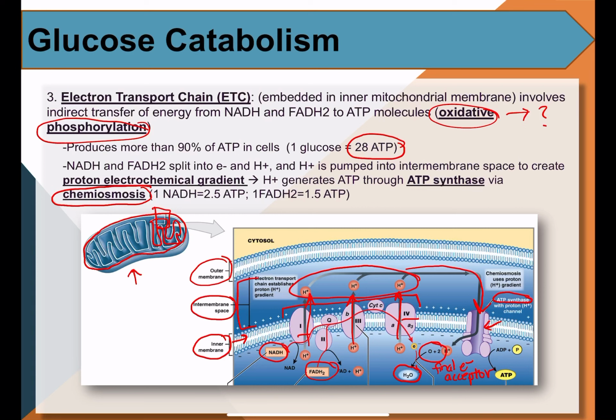The ATP synthase is like a little turbine that turns every time a hydrogen ion flows through the molecule, turning it to generate ATP. This is why the mitochondria needs to have two membrane layers, to be able to have a space or compartment that will allow for a buildup of these hydrogen ions within this area right there.